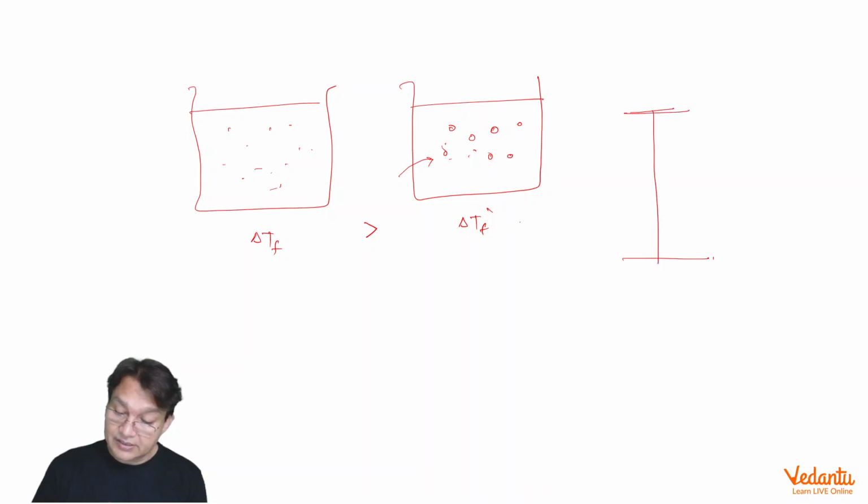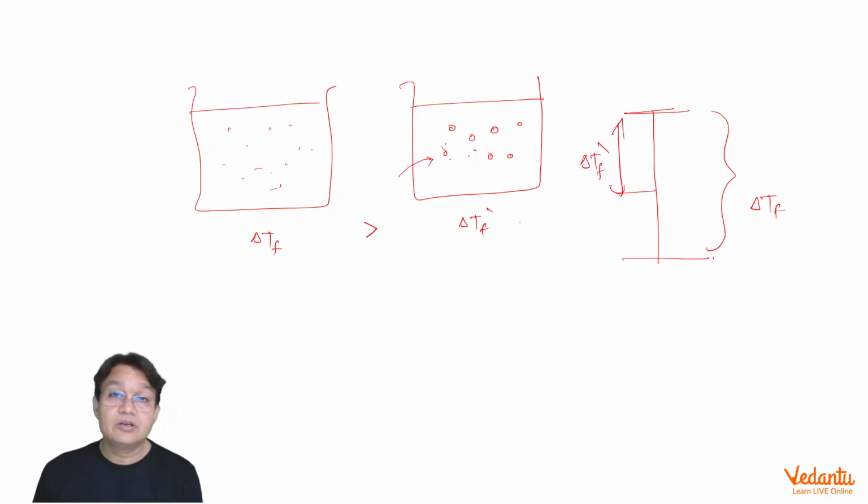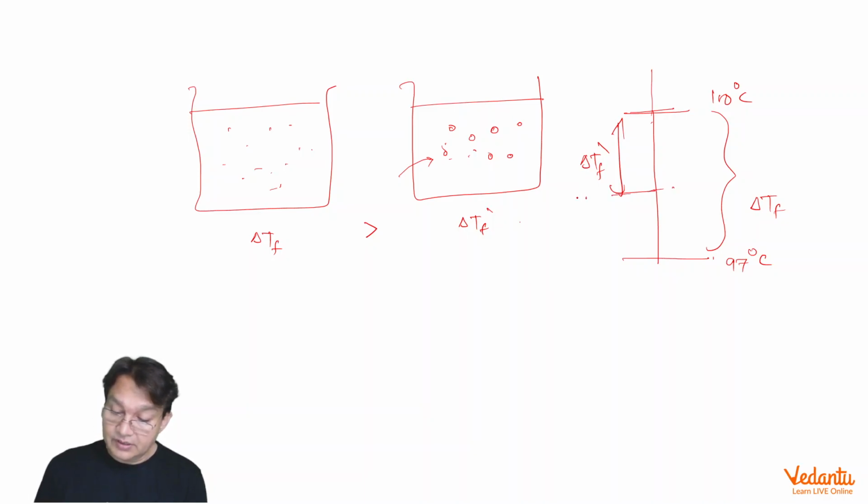If this is the delta TF, this will be the delta TF dash. So naturally, this is the scale in which suppose this is 100 degrees centigrade, suppose this is 97 degrees centigrade, and suppose this is 98 degrees centigrade.